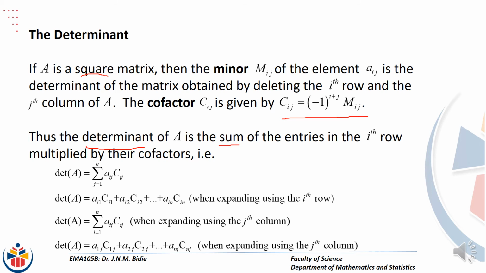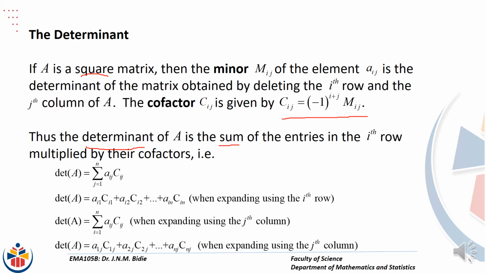So if you decide to use a particular row, then it will be that row multiplied by the corresponding cofactors, and you add your answers up.